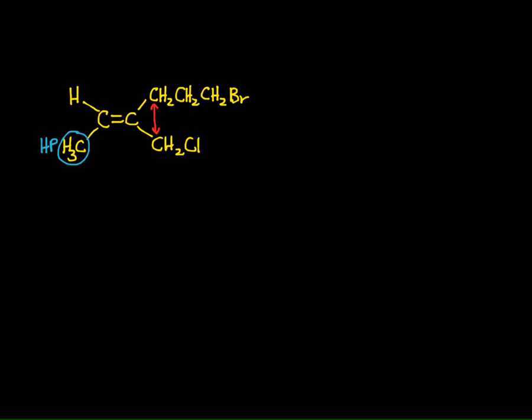So the carbon on the top has two hydrogens, and it has a carbon. And the carbon on the bottom has two hydrogens as well. No point of difference there, but it has a chlorine. So the chlorine has a higher atomic number than carbon, and therefore it takes the higher priority on this particular side.